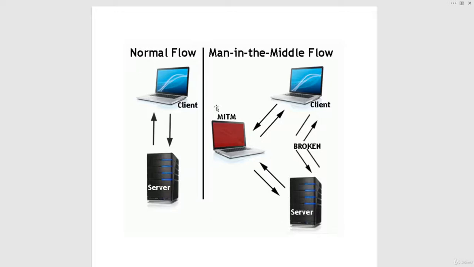So what we'll do is change this client's MAC address to the MAC address of this machine. Our machine will be Kali Linux, and we'll change the Kali Linux MAC address to be the client's MAC address. So now the server will not send directly to the client, instead it will send to this machine.